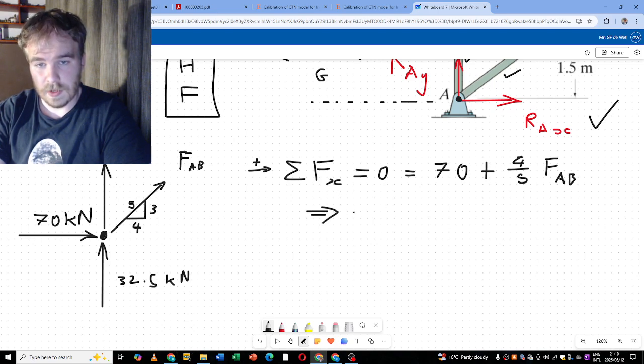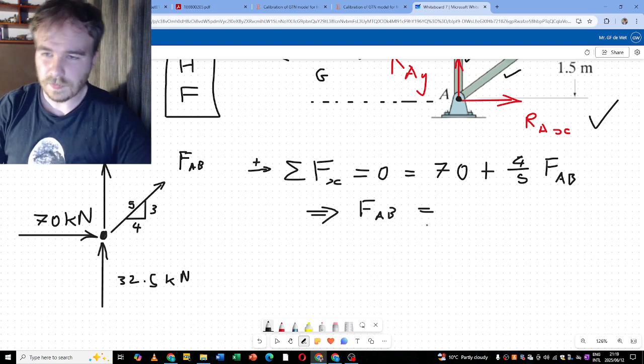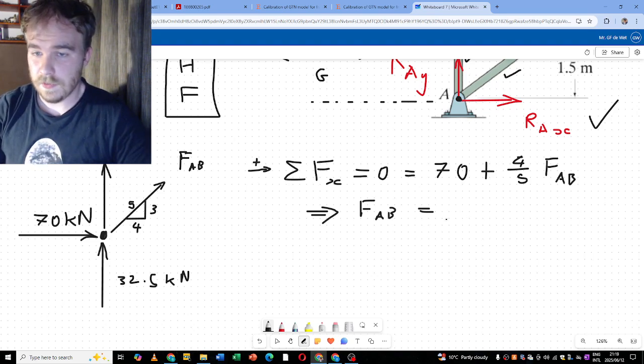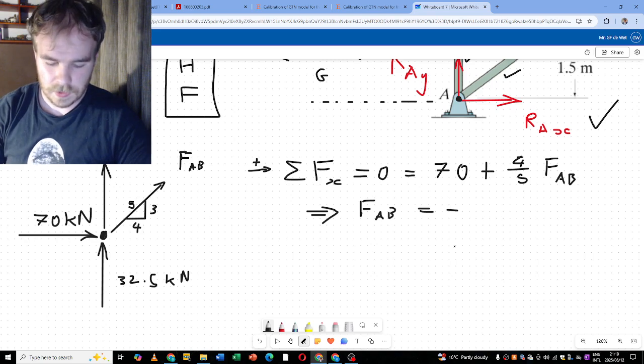Okay, great. And then FAB is going to be equal to, we move that over, and then we see it is going to be a negative force, 5 over 4 times 70.